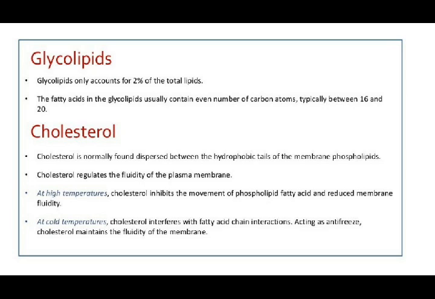Cholesterol regulates the fluidity of plasma membranes. At higher temperature, cholesterol inhibits the movement of phospholipid fatty acids and reduces membrane fluidity. At cold temperature, cholesterol interferes with fatty acid chain interaction and acts as an antifreeze. Cholesterol maintains the fluidity of the membrane.